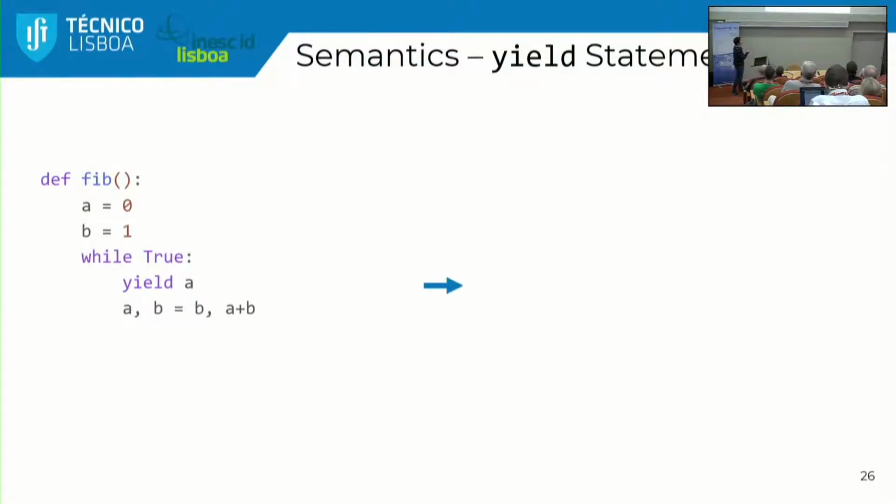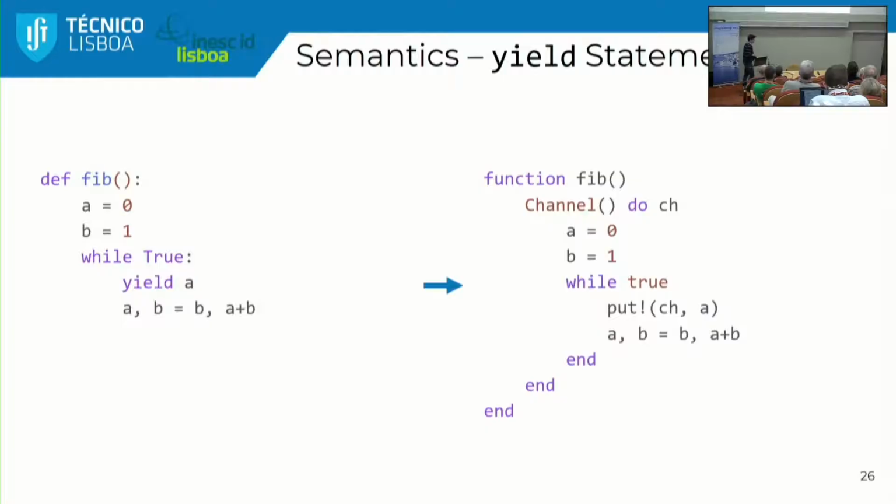We first started by mapping this into channels, and this preserves the behavior of the producer-consumer pattern. But one problem is that whereas Python blocks before it executes any instructions, Julia will only block at the first call to put, which is a blocking call.